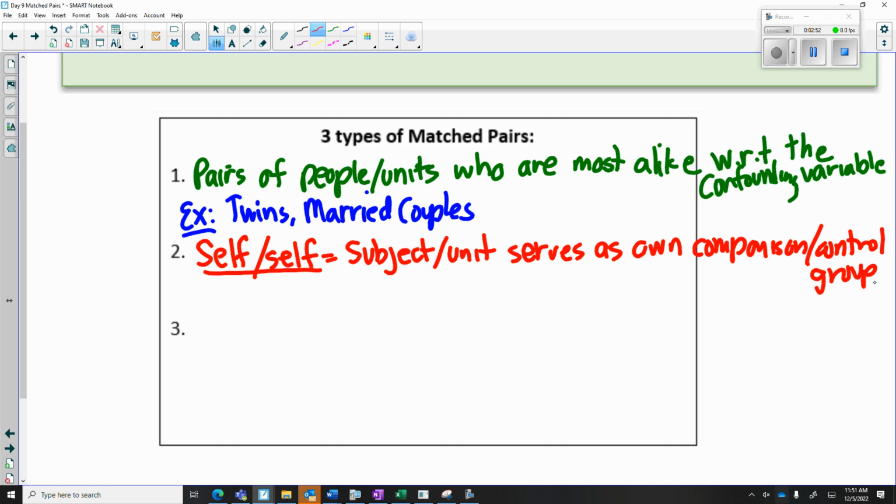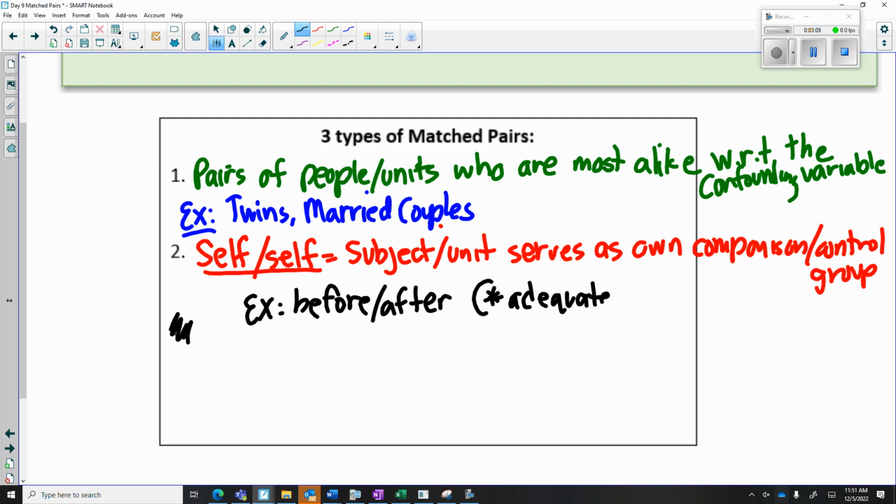And the subtypes of that we talked about are before and after. So basically you could do both treatments, but you just have to make sure you have adequate wait time between the treatments.